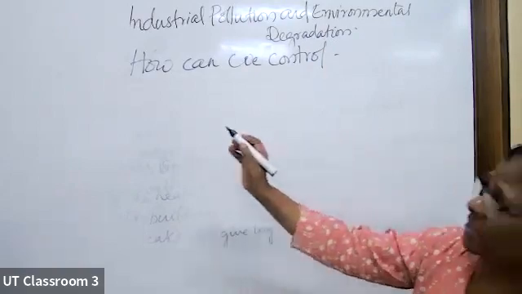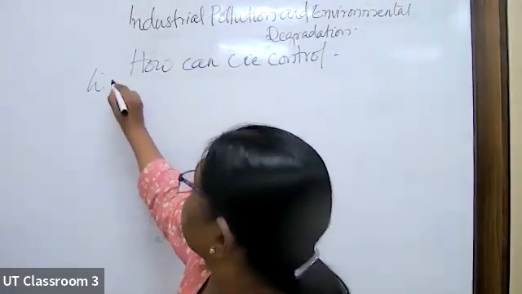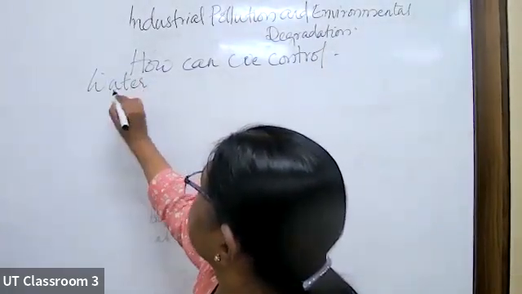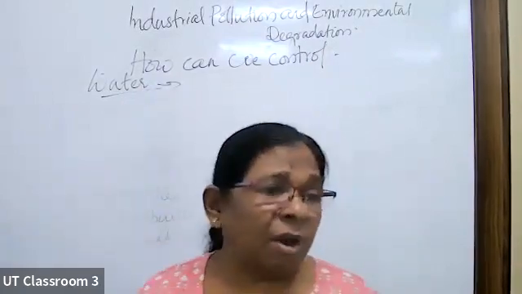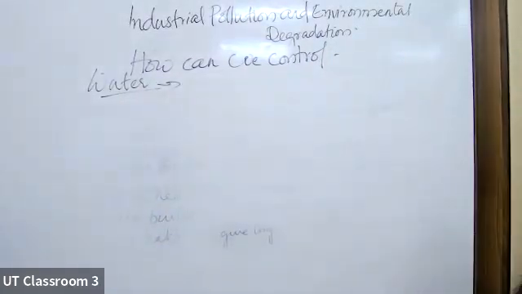So first let us take water. How water pollution can be controlled. You have seen rivers. When the rivers are flowing, these rivers have a natural cleansing capacity. They clean themselves.